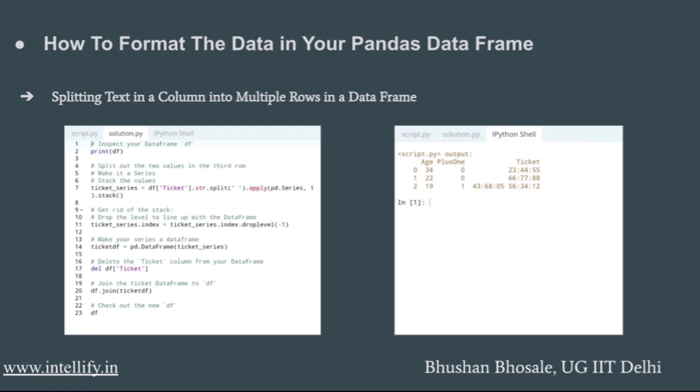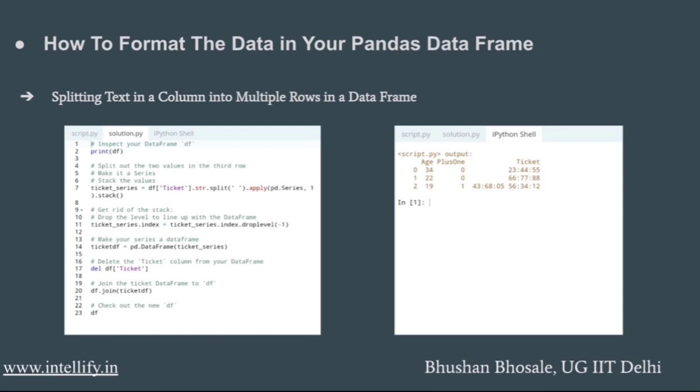So the seventh line says that we have to str dot split, and whenever we find a gap, we have to split and apply the pd series 1, and then we have to stack it. So what we do is we split out the two values in the third row, make it a series, and stack the values.